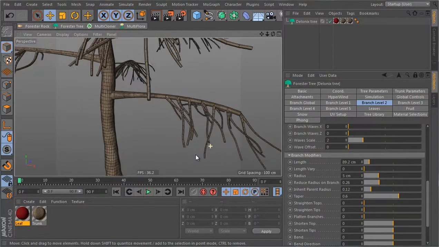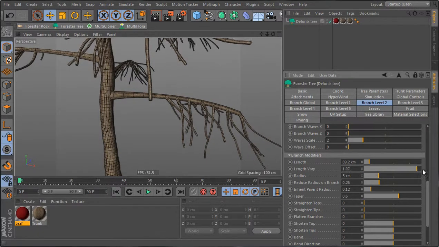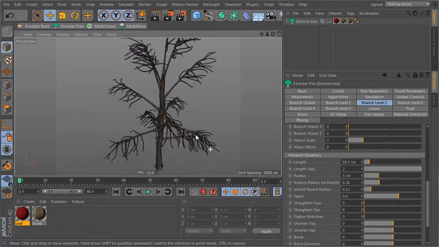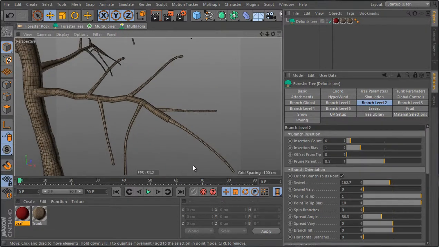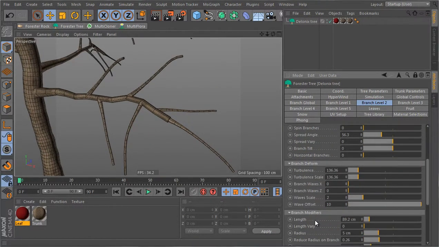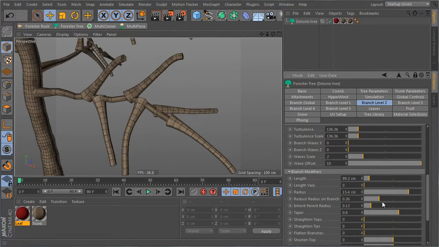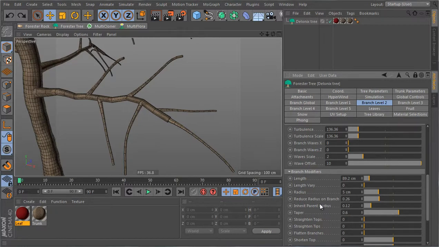Next, we have the length variance value, which you can increase to actually vary the length of the branches. The next parameter is the branch radius, which you can increase and decrease, followed by the reduce radius on branch and the inherit parent radius.